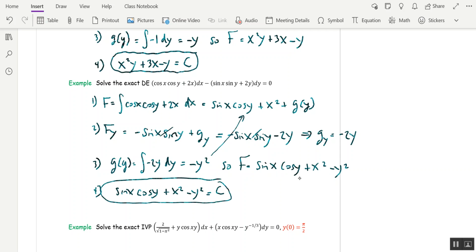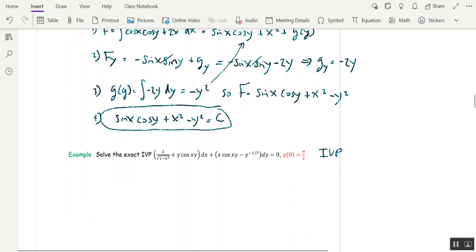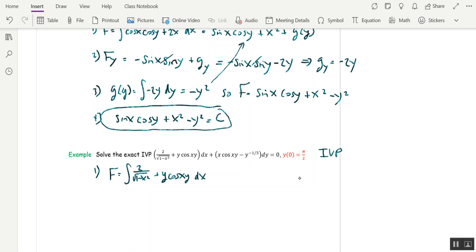Next example, we're going to do the same thing, except now we have an IVP. So we're going to have 5 steps. Steps 1 through 4 are identical. Step 5 is to determine C. So step 1, this is just good practice integrating. Big F is the integral of 2 over root 1 minus x squared plus y cos xy dx.